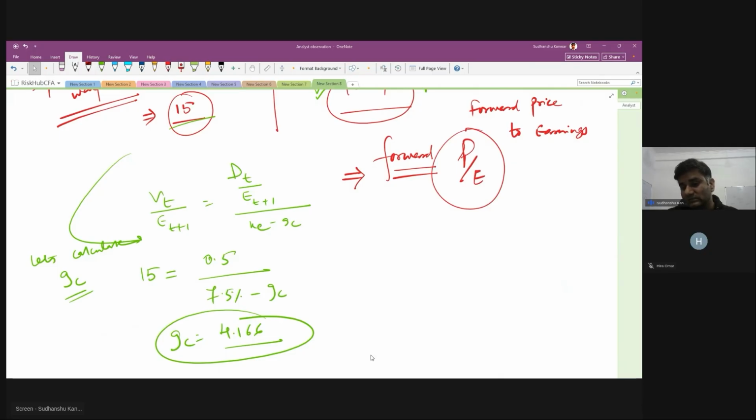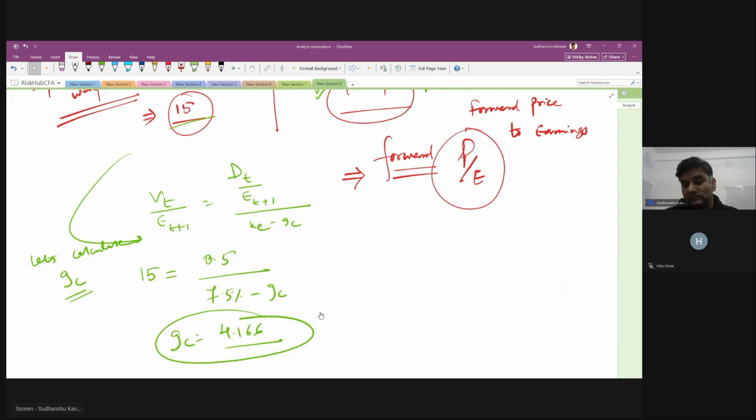So since the analyst, if I put it at 15, right? If you solve for g, that yields a result of 4.661667.